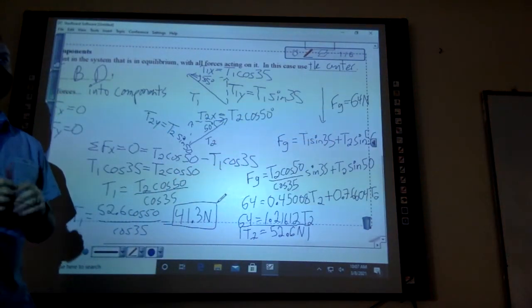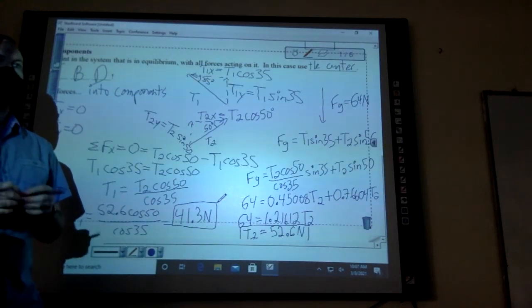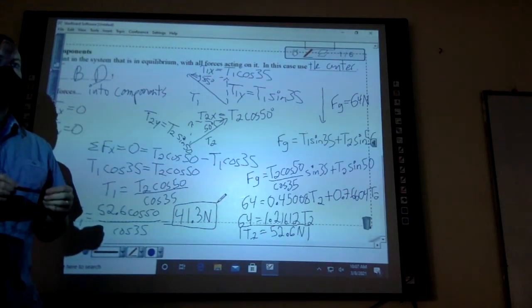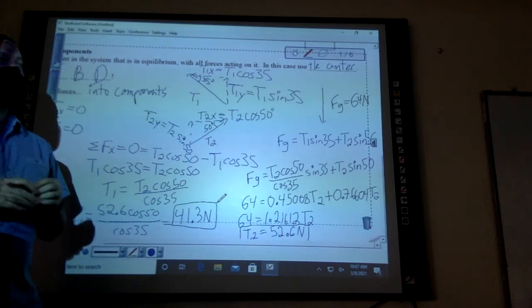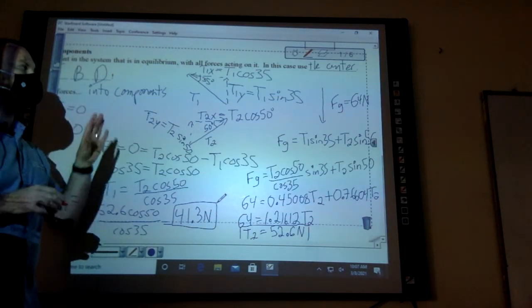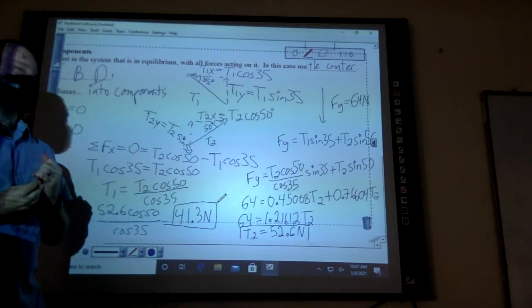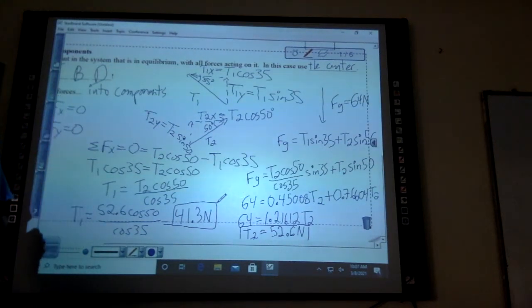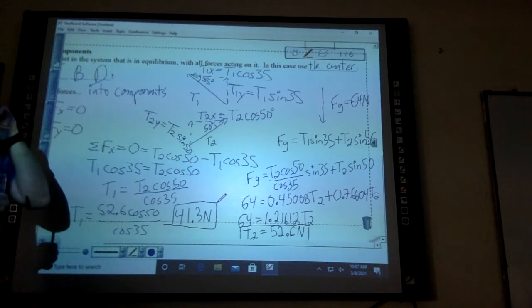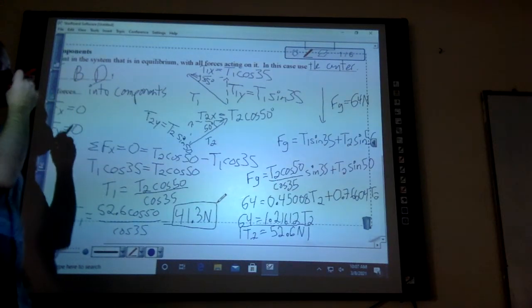So the final answer of tension and force of gravity does not equal 0? You're saying the individual forces have to equal 0? Yeah, the individual forces in the components will not equal 0.